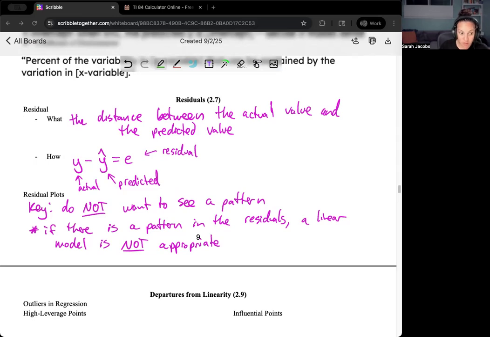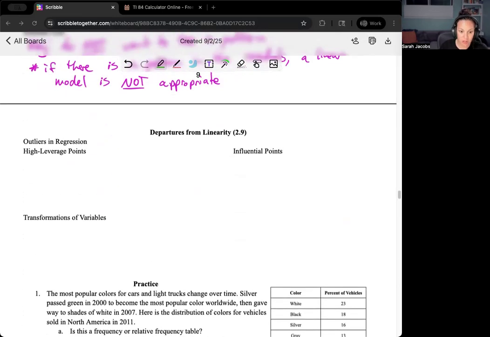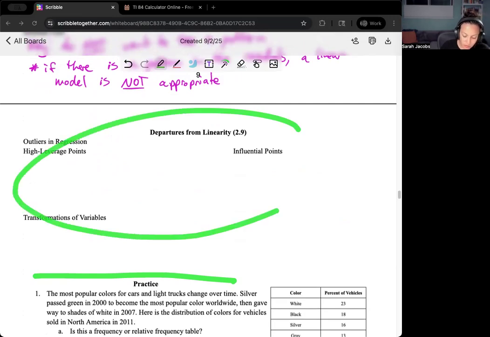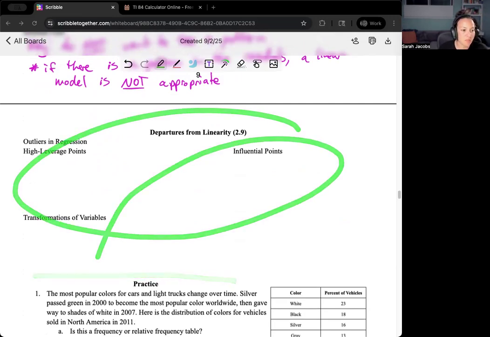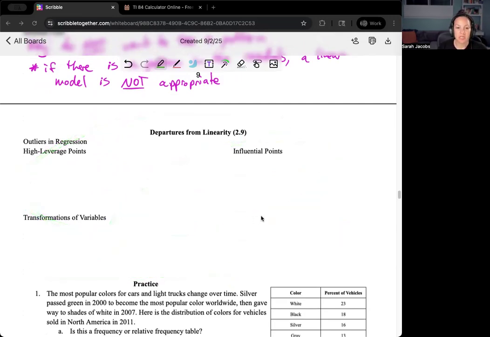So, almost there. You're doing a great job. Look, we're almost done. And we're going to go super quick on this. Basically, when we're looking at outliers in regression, a high leverage point, these are both types of outliers. This is one that is far from the other data, and it makes the correlation appear stronger.